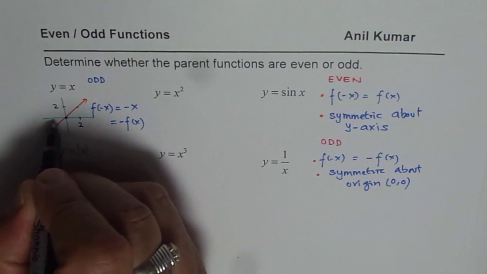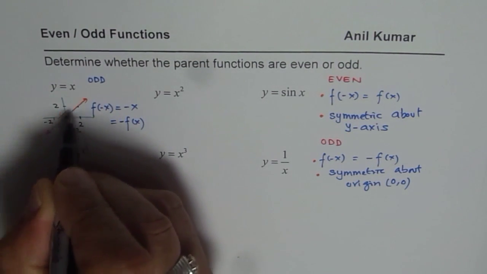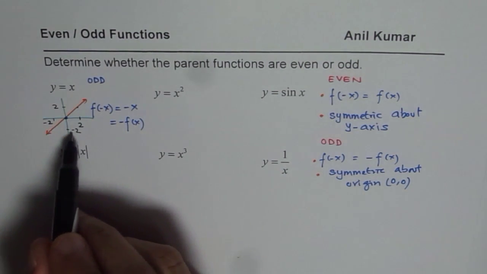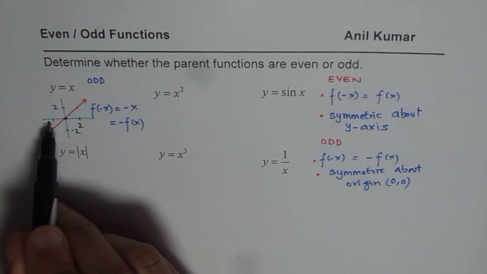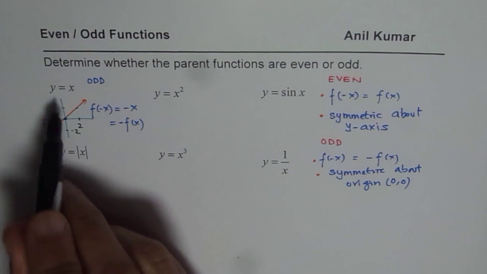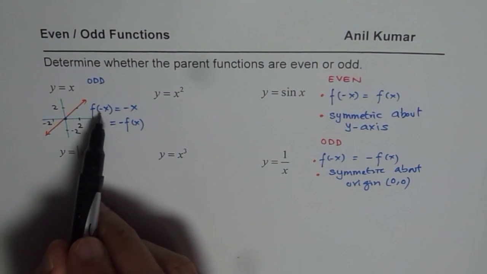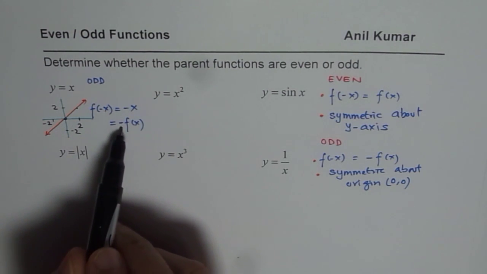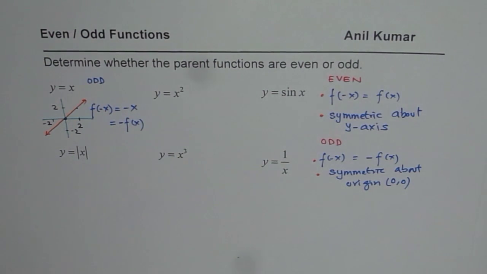However, if I take minus 2, then I get minus 2 as the result. So if the x value becomes negative, the y value also becomes negative. That is what we mean when we say f of minus x is minus of f of x.